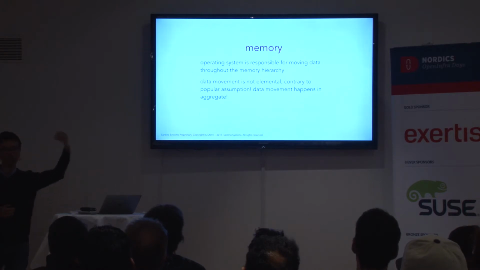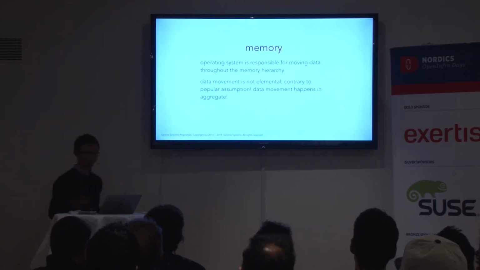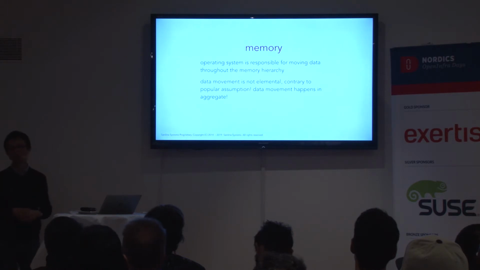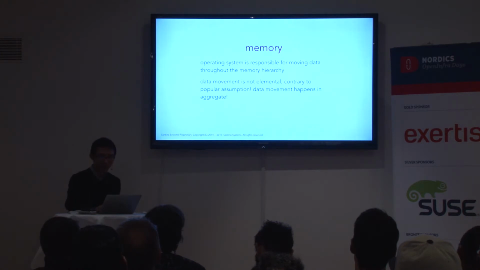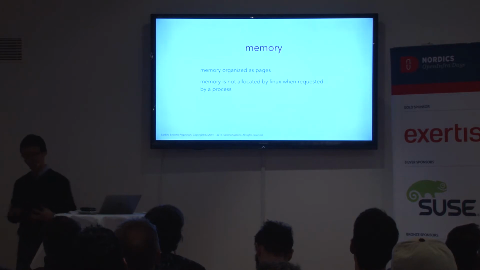So when they get an element of an array, they assume it's a fetch of a single element. But that's a fallacy, because on a real machine, data movement happens in aggregate. That aggregate is whether it's memory pages, or cache lines, or cache blocks. Invariably, it's aggregate. So we need to therefore consider based on aggregates.